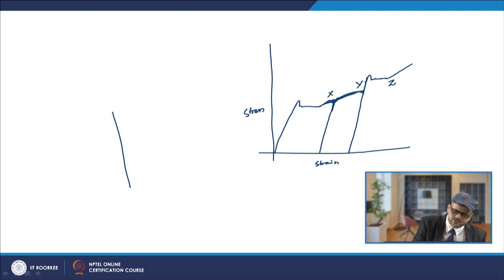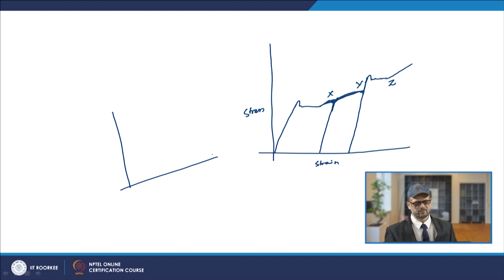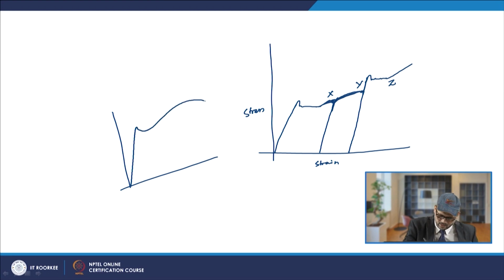If you look at the stress strain curve for iron, when you test at room temperature, it goes like this. However, if you do the aging at different temperatures, say at 100 degrees C, it will go like this, and then you will have these serrations observed.